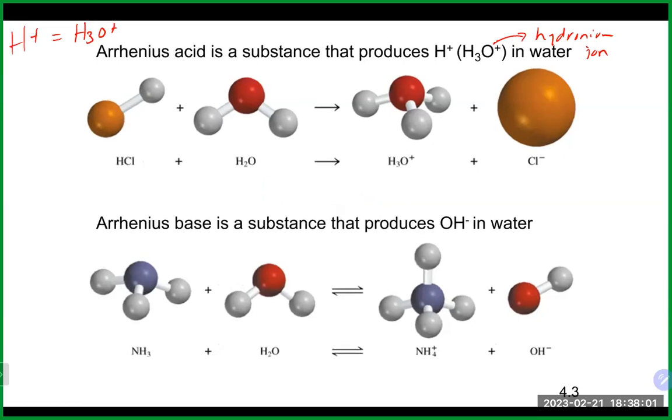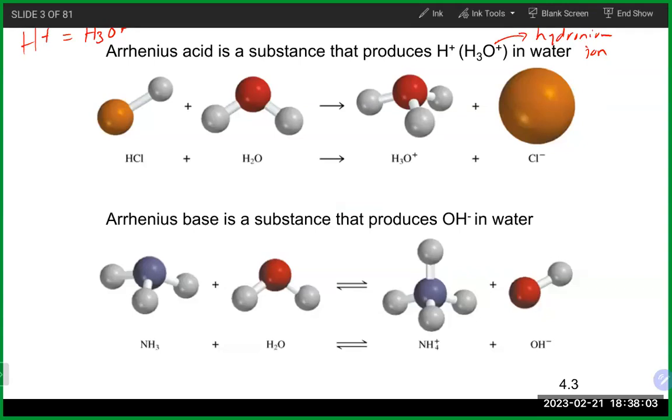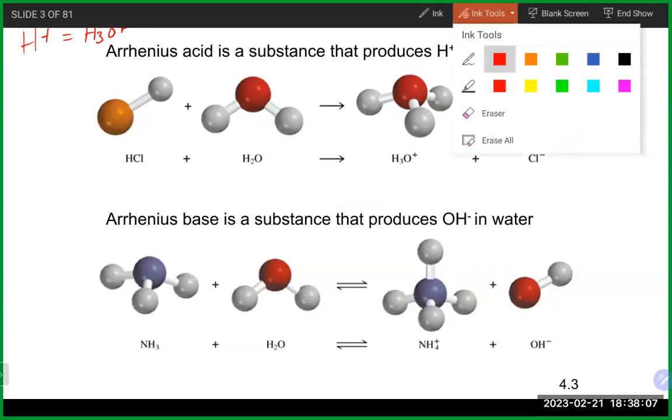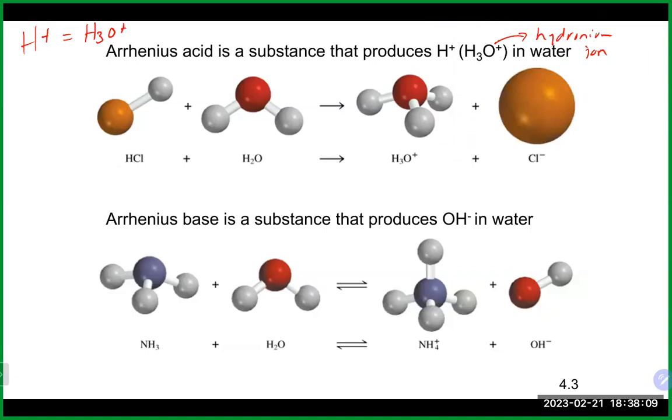For example, what we see here is really just hydrochloric acid dissolving in water. And in this reaction, it has the water in it. Basically what's going to happen is this guy is going to toss his H plus over to the water, and that would generate H3O plus and the Cl minus.